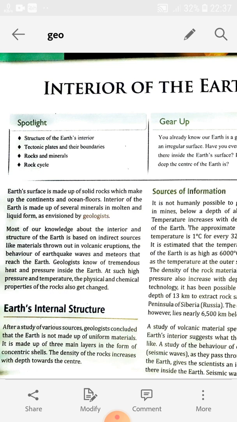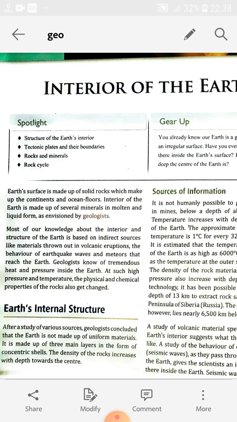Not only the interior of the earth, geologists also study all the geographical features; you can say they are the researchers of our earth. According to the geologists, the earth's surface is made of solid rocks which make the continents and ocean floors, and the interior of the earth is made up of minerals in molten and liquid form. That means all the minerals found here are basically in a molten form.